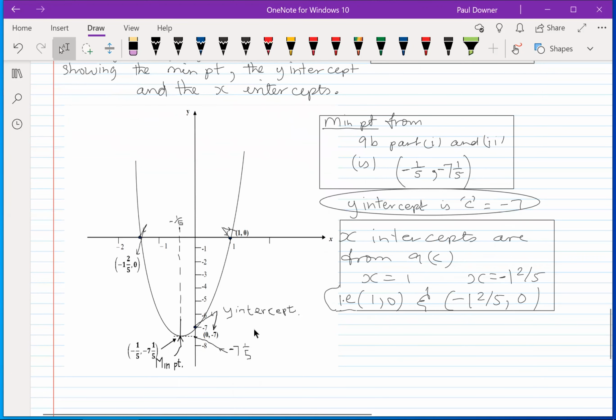That's the y-intercept. So if you notice, this graph is going to come here and come back and cut the y-axis at this point here, which is minus 7. Minus 1, 2, 3, 4, 5, 6, 7, minus 7. So it's cutting here. Okay.